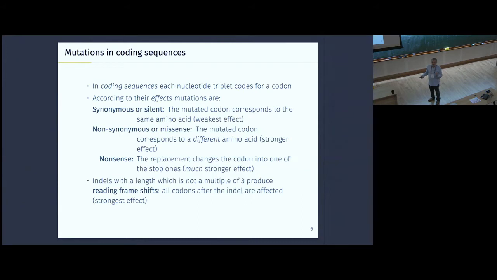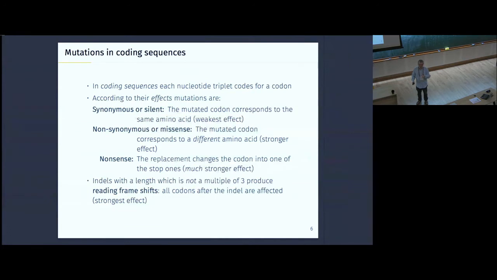Now, if you have an indel with a number of bases which is not a multiple of 3, then whatever is downstream in the translation, so in the reading of the nucleotide sequence when it is translated into a protein, will be read in a different reading frame.